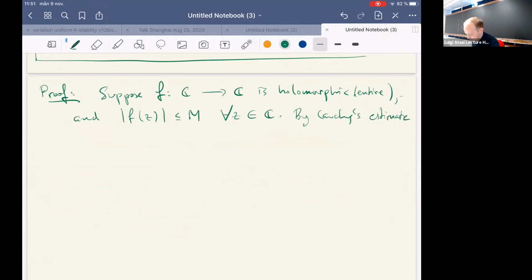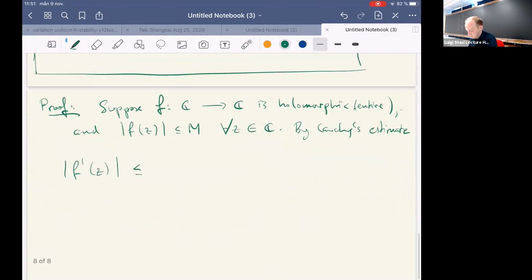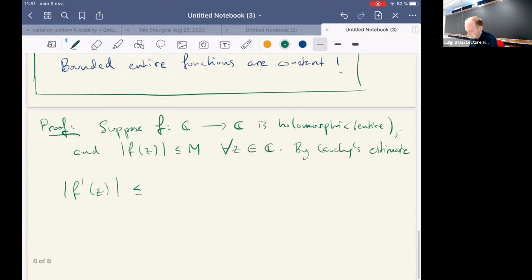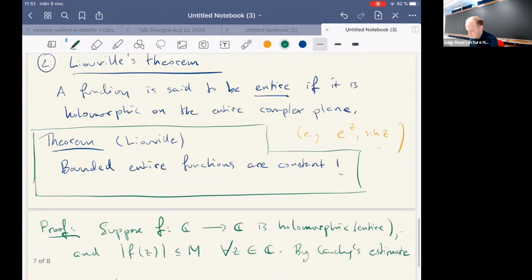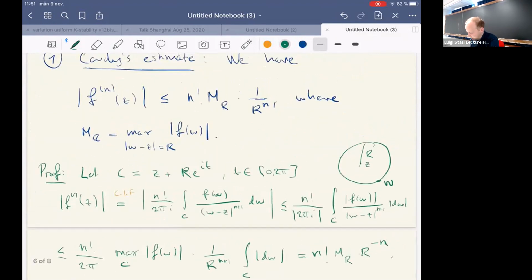By Cauchy's estimate, again, we can look at f prime of z. This is less than or equal to, let us recall, just go up for 1 second. Here n would be equal to 1, so n factorial would be 1. Then we would have a maximum of this function, divided by 1 over r.